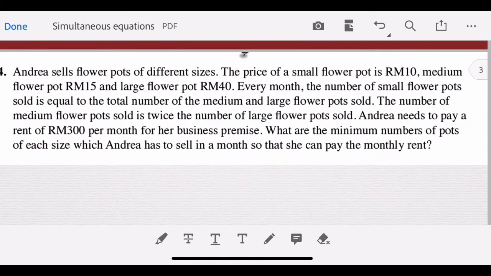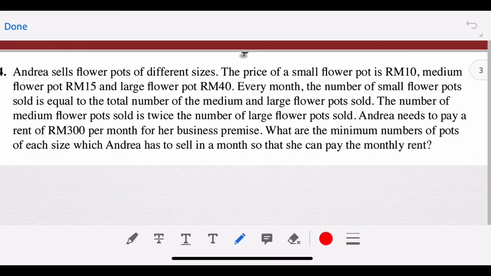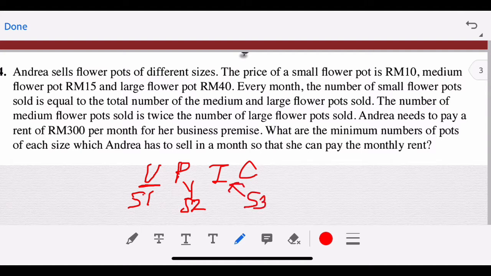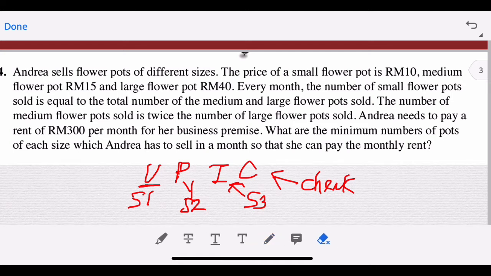This is a hot question, so you need to use the concept of UPIC: step 1 is understanding the question, step 2 is planning the strategy, step 3 is implementing, and then we check or make a conclusion. We always use UPIC to solve the hot question.